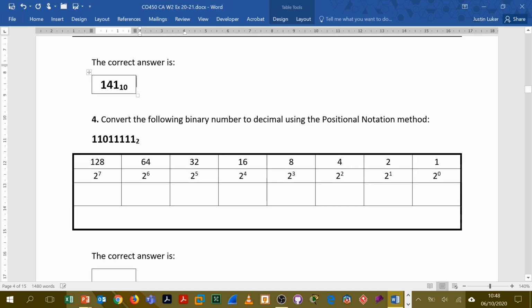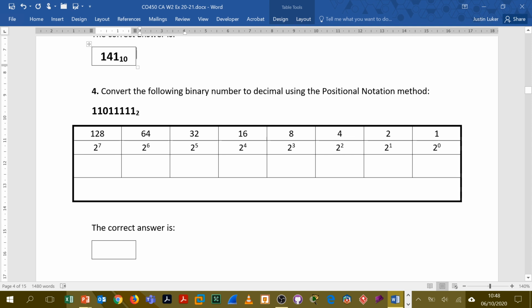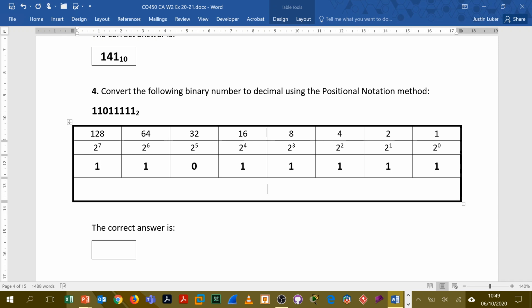Let's come down. Now notice the binary numbers get bigger the more ones they have, as you would expect. So the highest binary number for 8 bits that you could have would be all ones. So what have we got here? I think we've got 5 ones, and 0, and 1, and 1.